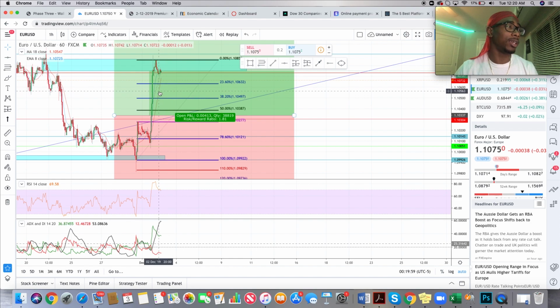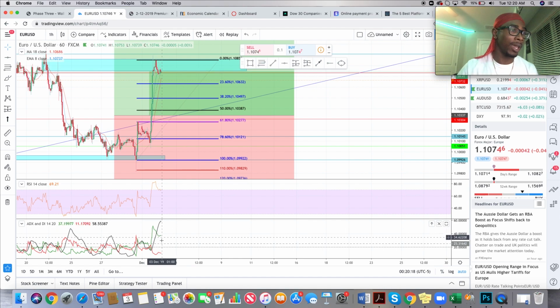I like to use the EMA at 8, moving average at 18, and then also the ADX. So I'll place a line here at 25, because 20 is good, but I want to make sure that it's a fundamentally solid trade. So with the ADX, I want to place a line at 25, and when it's above 25, you want to have the black line above it as well.